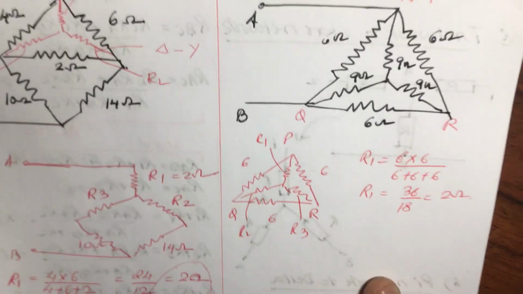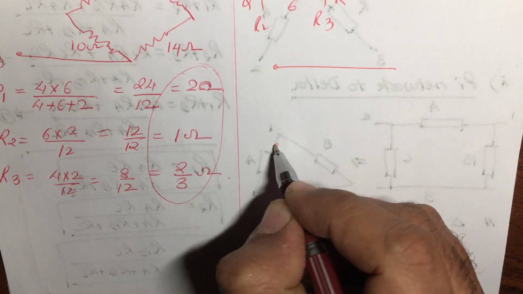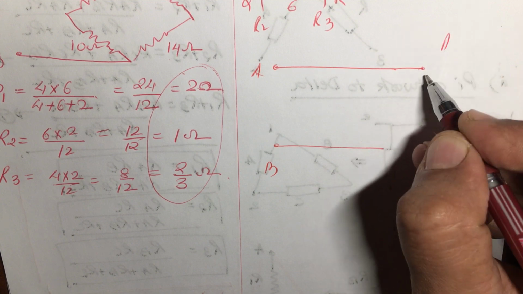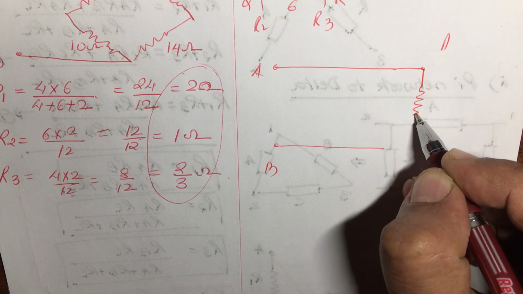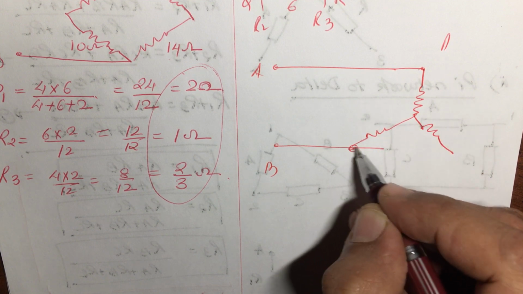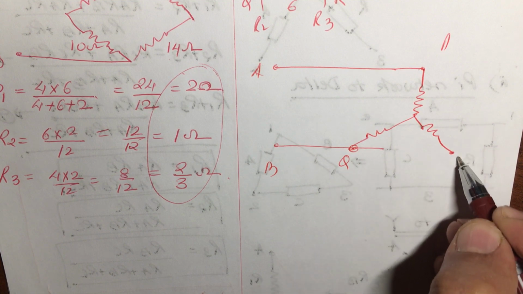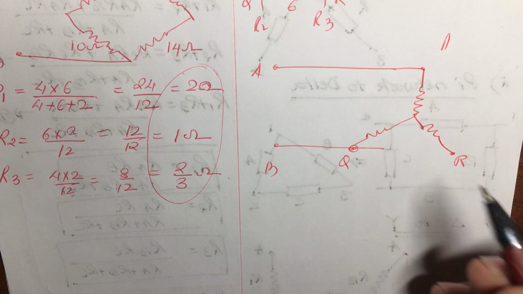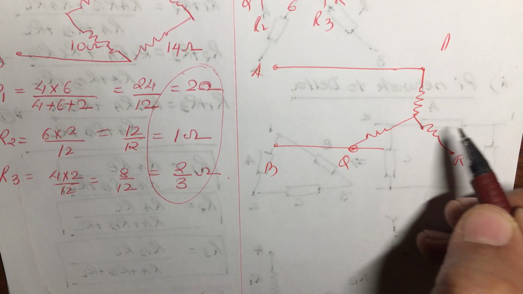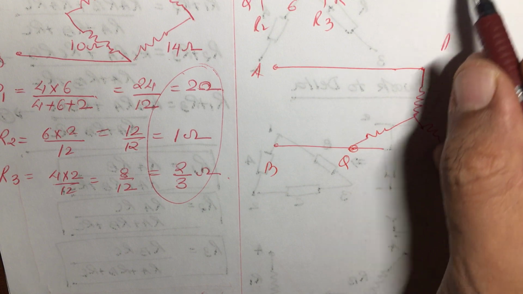So if you redraw it, it will look like this now. We have A, B, this is P. So you have the 9 ohm here, 9 ohm, 9 ohm. Okay, and this is Q and this is R. Now yes, so now you have 2, 2, 2.